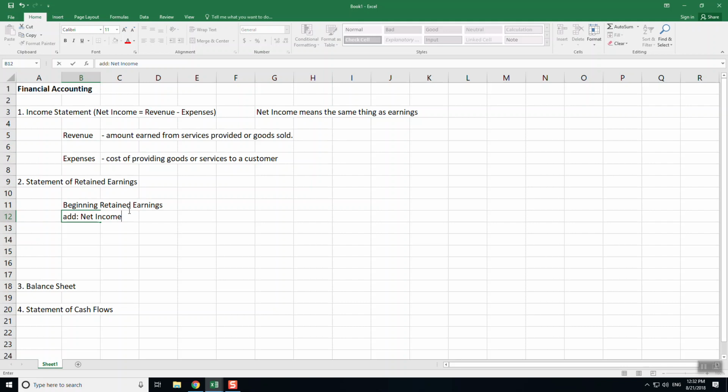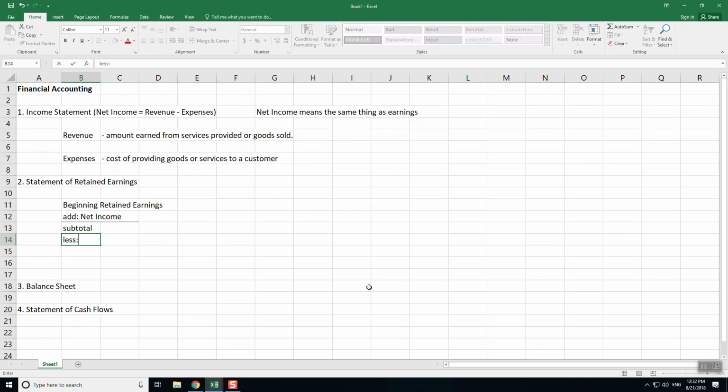Net income is the earnings for that particular period. So if we're looking at 2018, this would be 2018's net income. This is actually the format of that statement that I'm giving you. You would have a little line there, and then you'd have a subtotal.